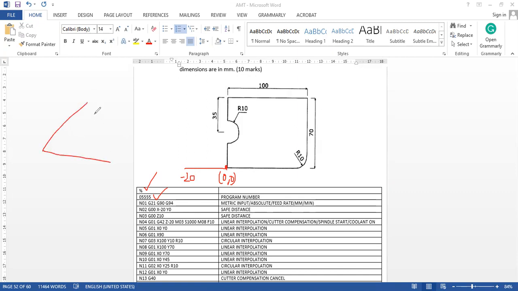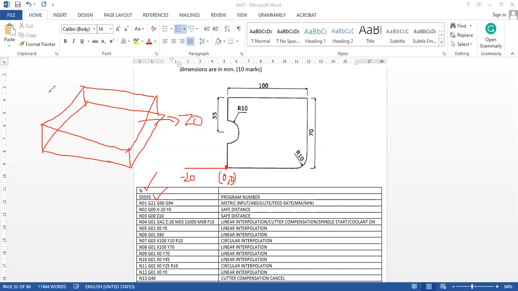So this is the workpiece, and here is the safe distance, and the top surface of the workpiece is Z0.